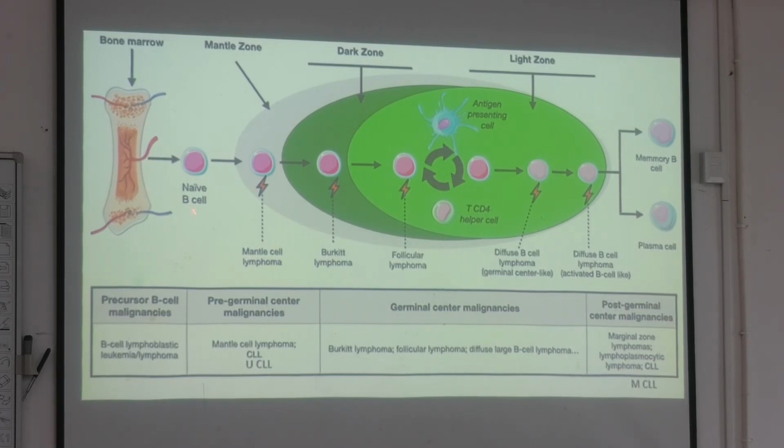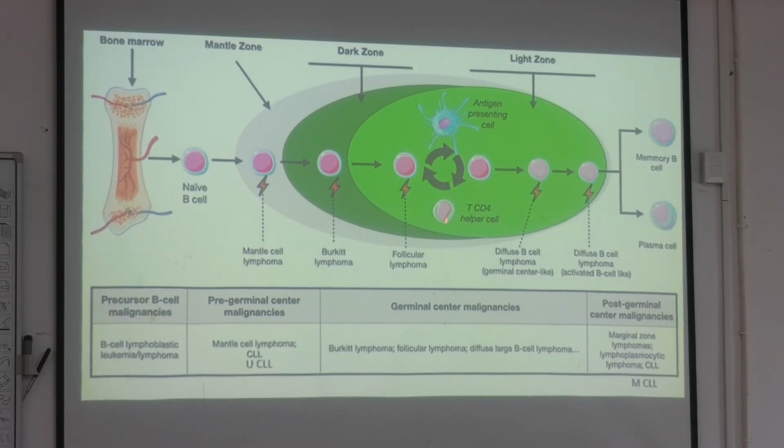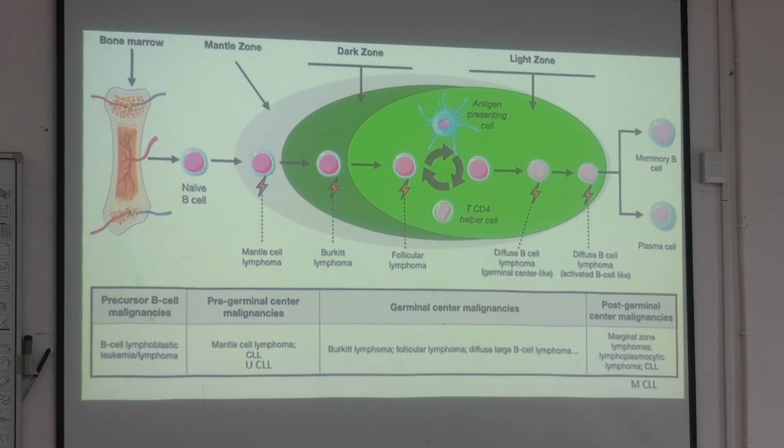From there, the mature lymphocyte comes to the germinal center of the lymph node. According to antigenic stimulation in the germinal center, they transform into centroblasts and centrocytes. From there, since they have to produce antibody to combat the antigen, they give rise to plasma cells and memory cells for immune protection. The tumors arising from the pre-germinal center produce mantle cell lymphoma.